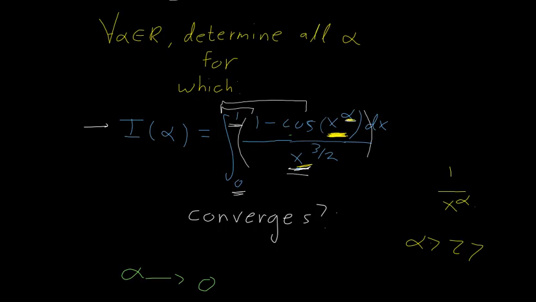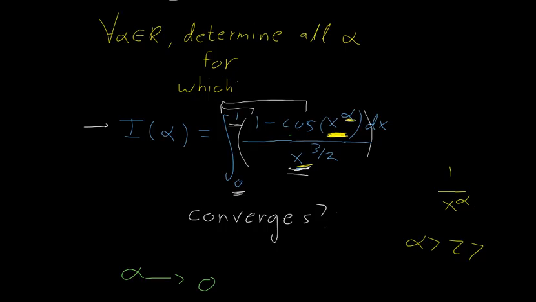Not exactly 0, because it depends on different values of alpha. Let's say if it was x to the 1, x to the 2, x to the 3, then that cosine value can be either greater than or less than 1. So it won't be equal to 0, but it can approach 0, with a small variation near 0. So we can use key approximations.